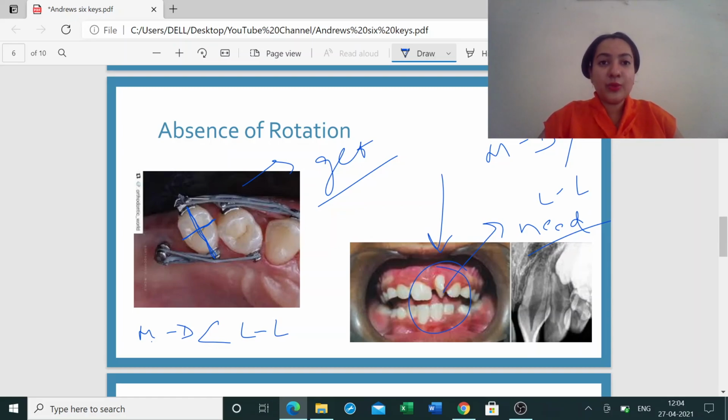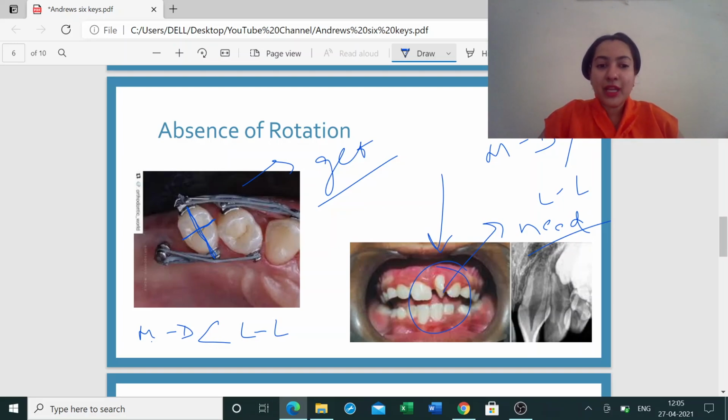So this is one thing which can be asked in your MCQ. When you derotate a lateral incisor. Suppose the question is, if you derotate an upper lateral incisor, what happens? Do you get space or do you need space? So the answer is we need space. And explanation, mesiodistal width of upper lateral incisor is more than the labiolingual width. Okay.